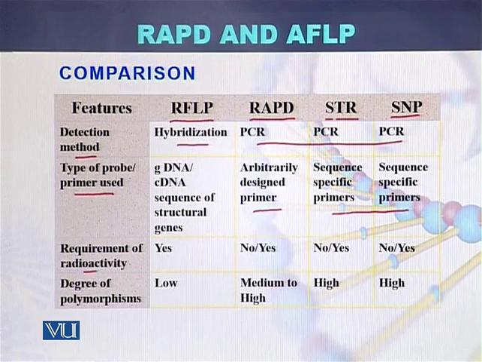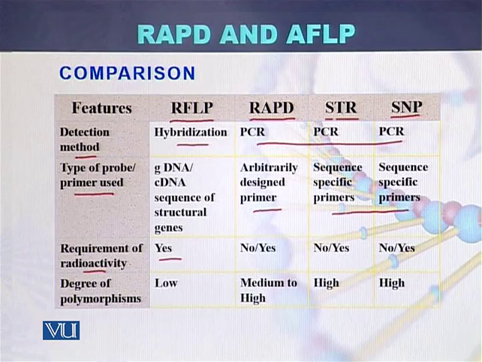Now coming towards the requirement of radioactivity, in the case of RFLP, yes, there is a need of radioactive labeled probes, while in the case of these three techniques, it depends whether there is a need of a radioactive element or not.